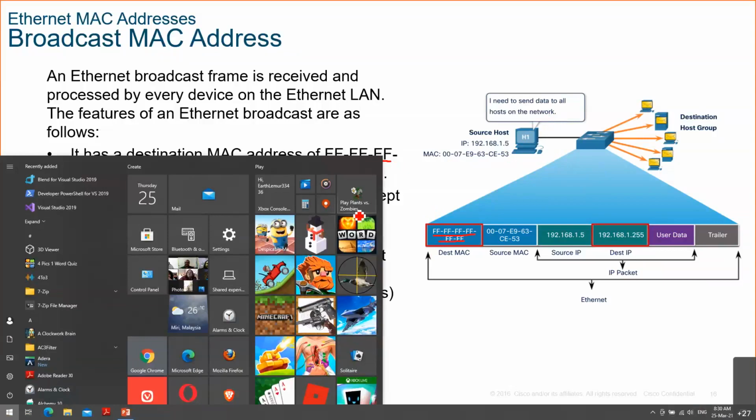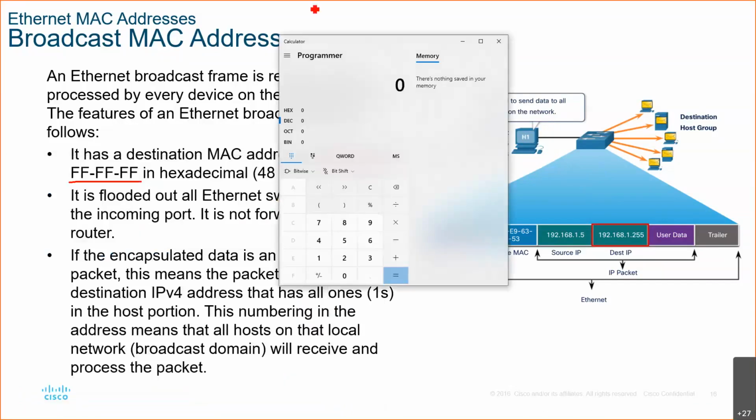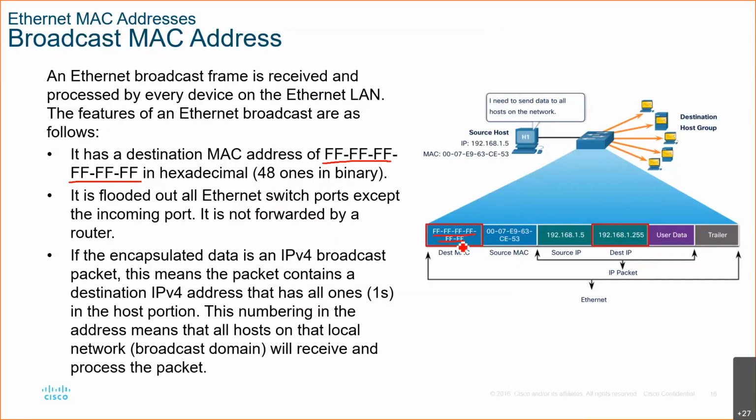Go to your calc, a programmer calc. I go to hexadecimal and type 12 Fs. Look at the binary value translation. It's all 1s. So keeping that in mind, if this is your destination, you immediately know that this is a broadcast frame.